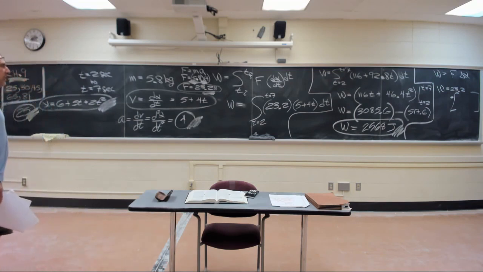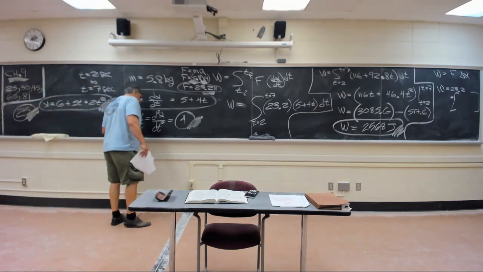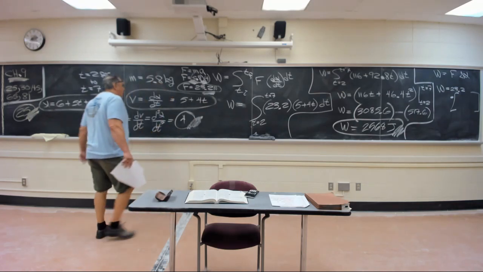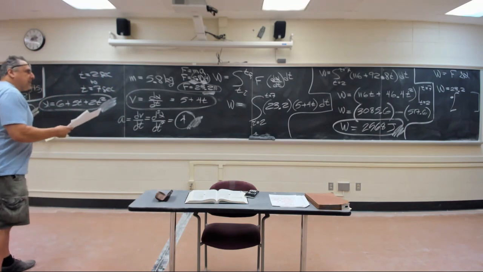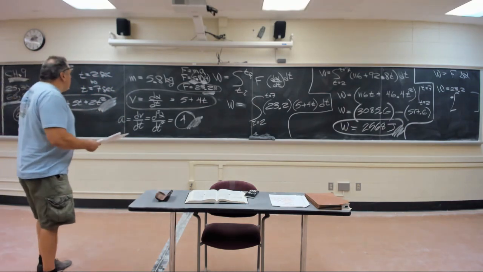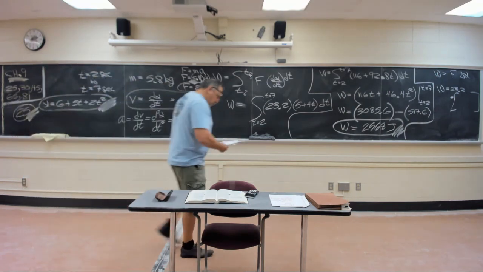Shouldn't be an issue though. The math is correct. The math should work, guys. Let me just make sure I've not done anything very careless. I think it's okay, but let's have a look. So you got 23.2. Then you got, for some reason, 652. 652. Okay.